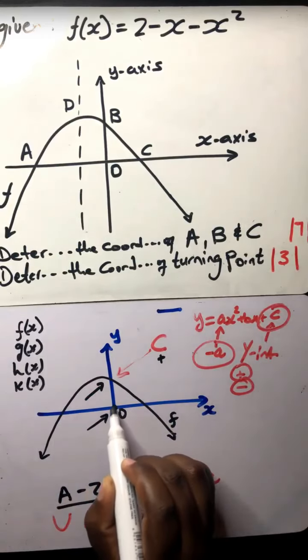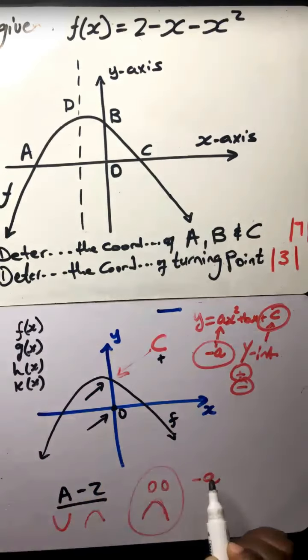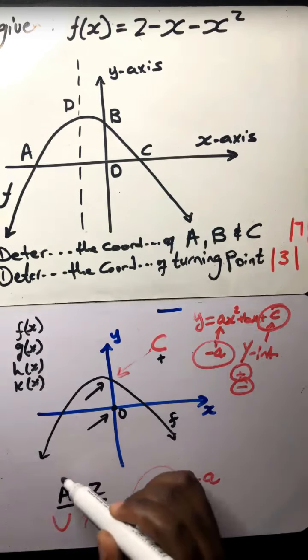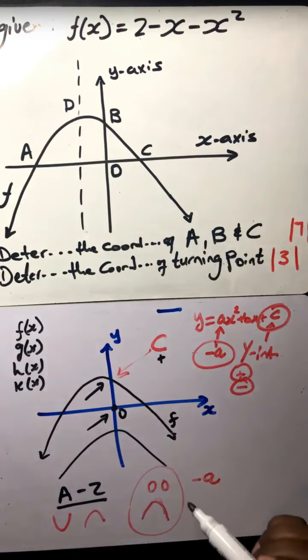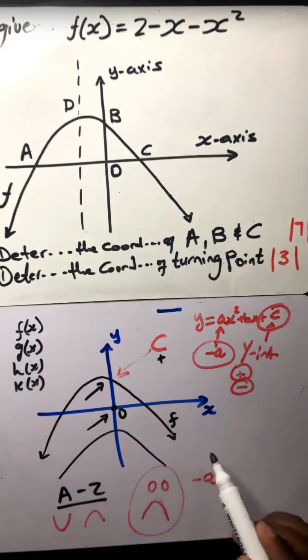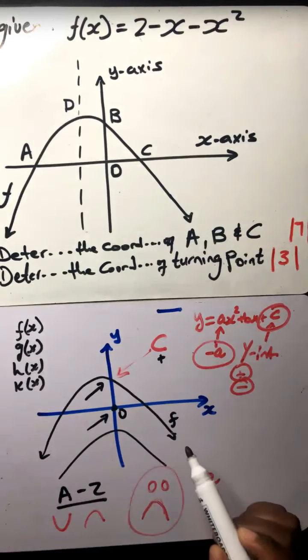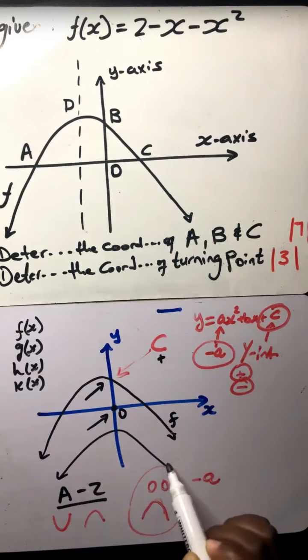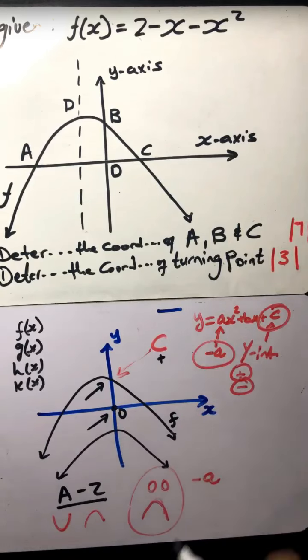So this is the origin, guys. That point is the origin. So if our graph was something like that, it means our C value was going to be negative. Why? Because the y-intercept is below the origin.